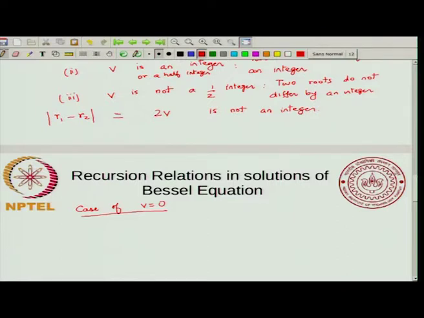When v equal to 0, you have only one root, so you can find one solution using the power series method.